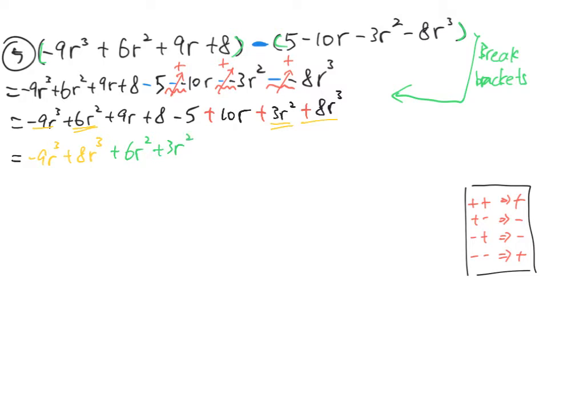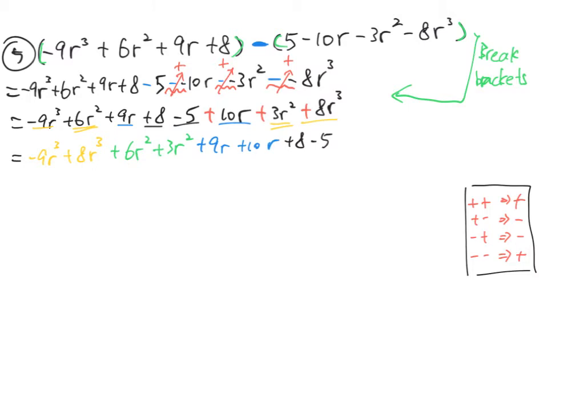And then here we have 9r and 10r, move them side by side. And at last, we have 8 and minus 5.